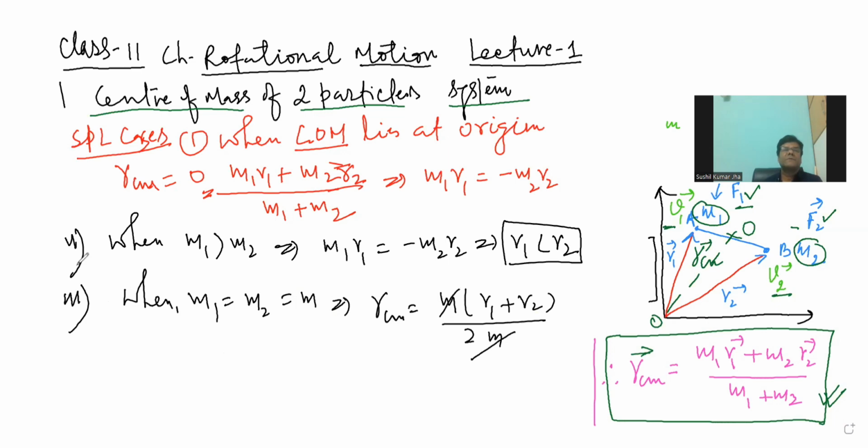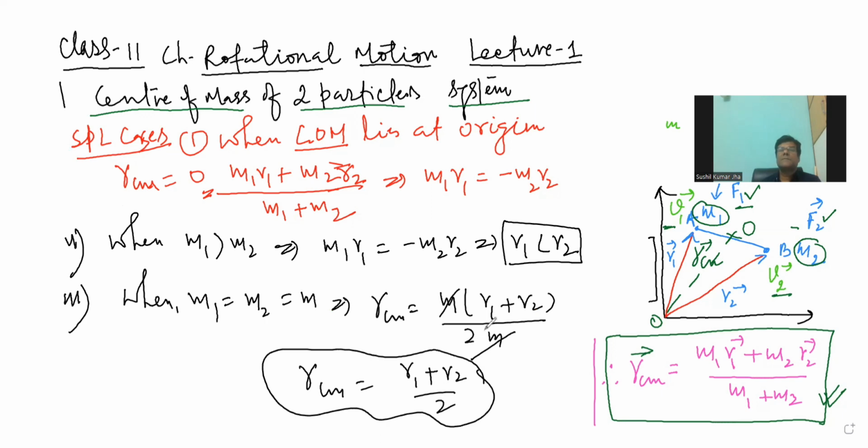Therefore RCM is r1 plus r2 divided by 2, which means this center of mass is lying at the midpoint of the line joining these two objects. Right? Hope you have understood. Thank you so much.